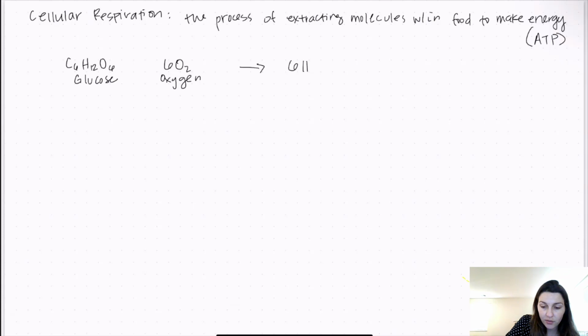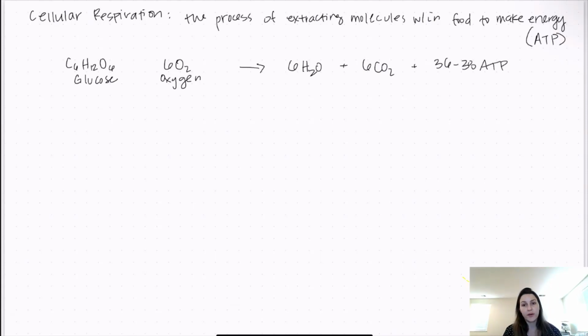We get 6 H2O, 6 CO2s, and we get 36 to 38 ATPs. Kind of depends on who you ask, but let's stick with 36 to 38 ATPs.